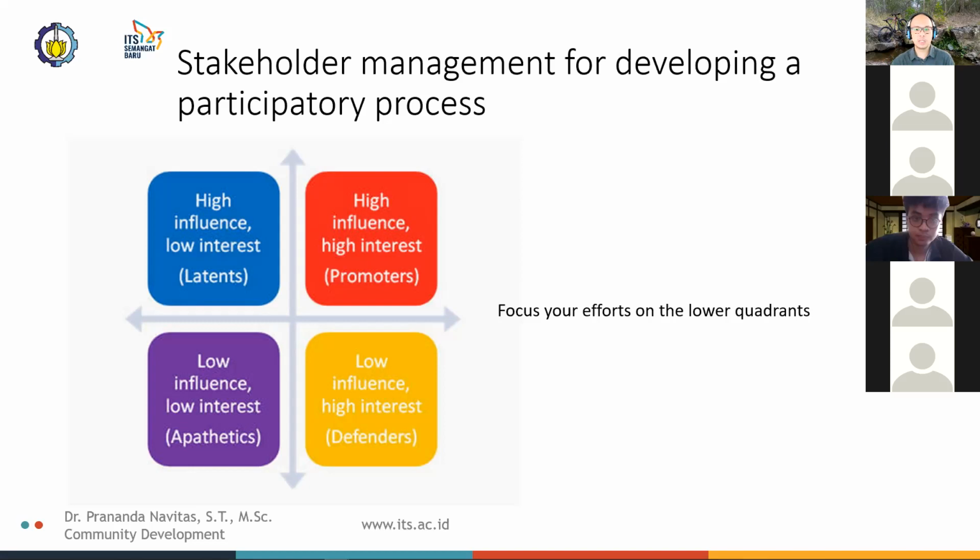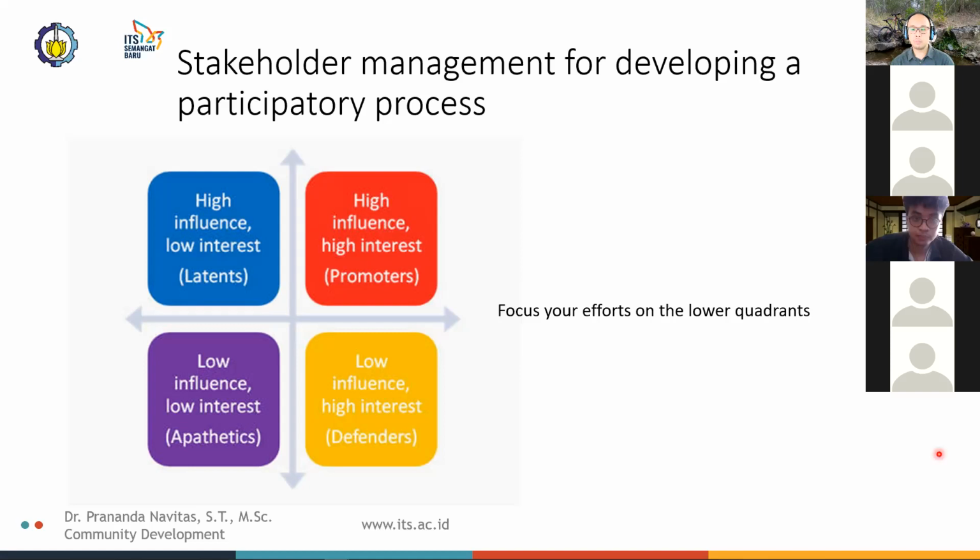But you know what? A successful participatory process may require that the people in the upper right quadrant, these guys, understand and buy into the process fully. They can help to bring stakeholders in the other positions on board and to encourage them to participate in planning, implementing, and evaluating the effort.